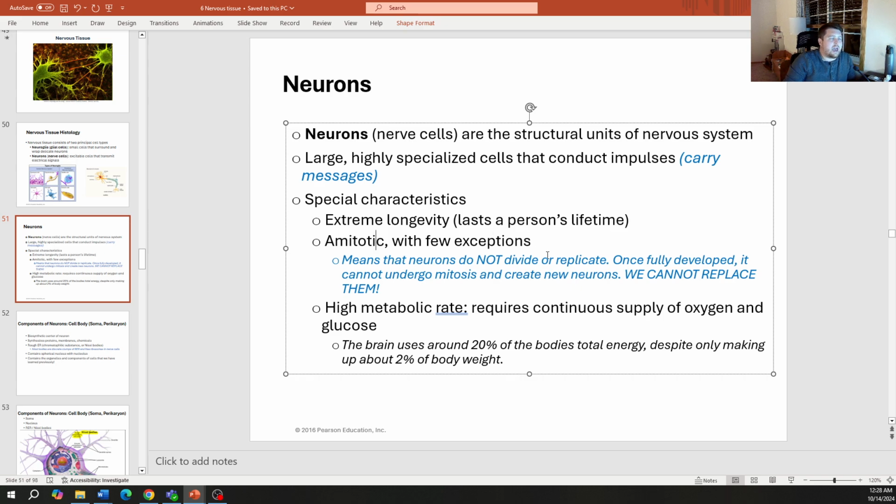Okay, so once we have the neurons that we have, that is what we have. We cannot replace them. We will learn in the future that nerve cells can grow and they can heal to an extent, but we can never truly get new ones.